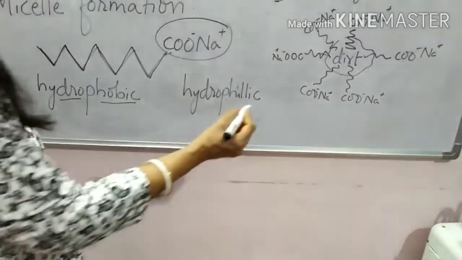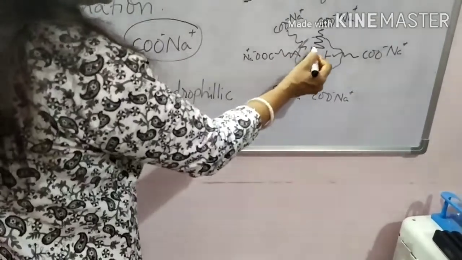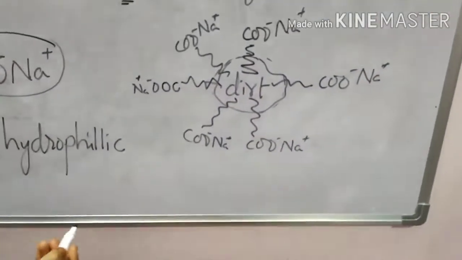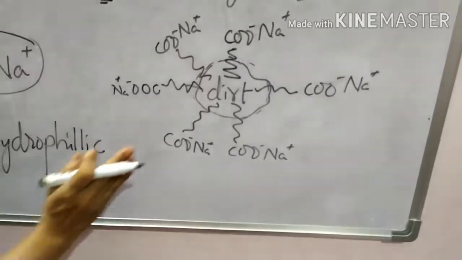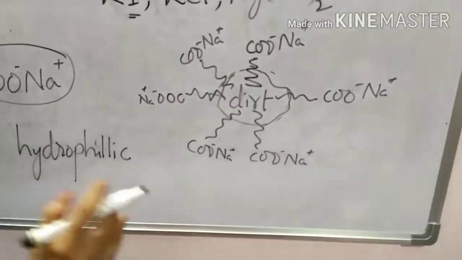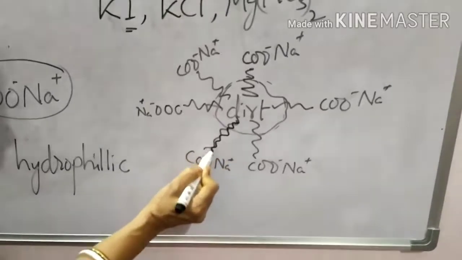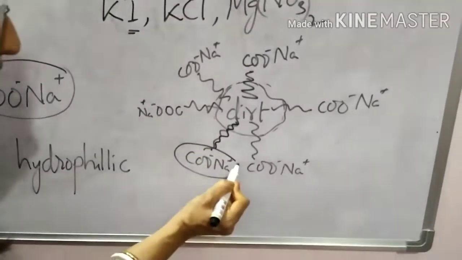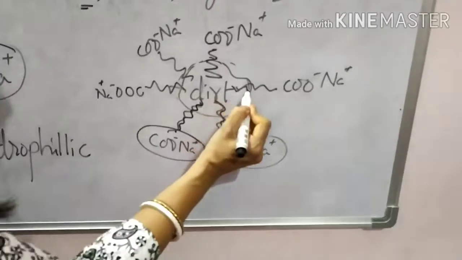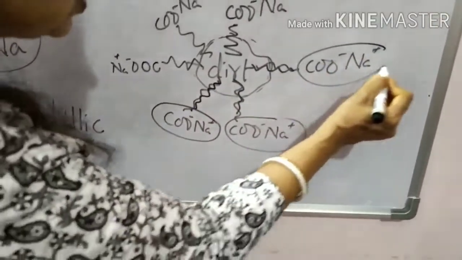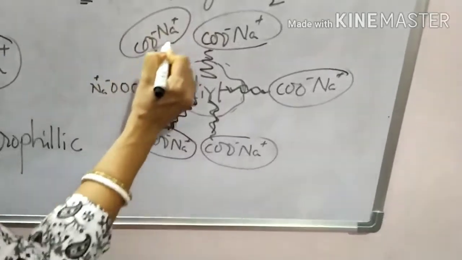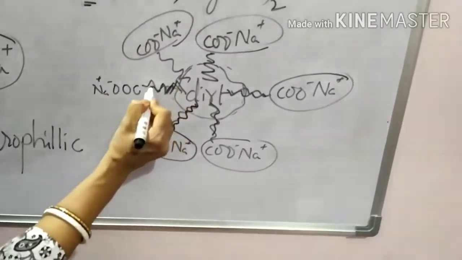Now when dirt comes into the soap water, what does soap do to protect itself? The hydrophobic part tries to go inside the dirt and the hydrophilic part stays outside the dirt, towards water. It increases the size and mass of the dirt.